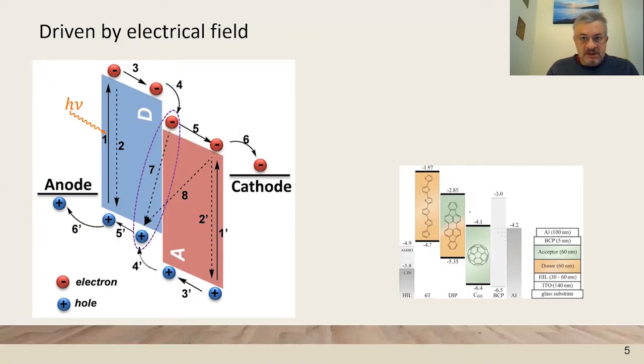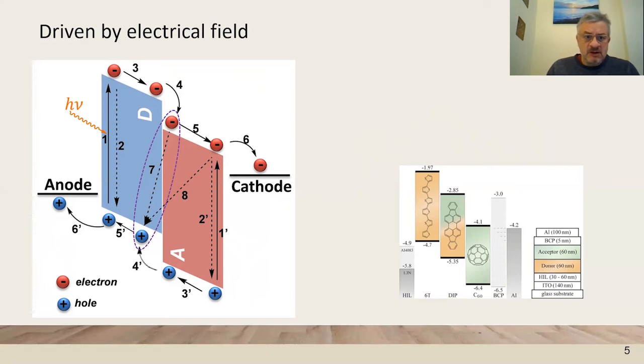This is one example of a very thin bilayer solar cell that is obtaining electrons and holes, and the electrons simply go down in the electrical field until they are extracted at the cathode. Therefore, this solar cell will operate by the direction of the electrical field.